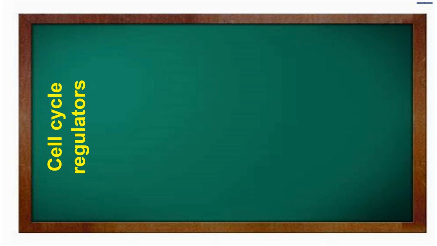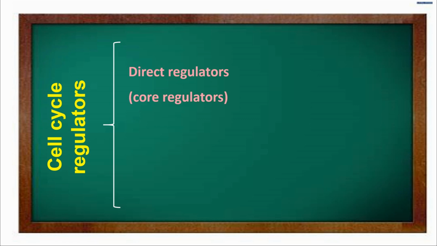Cell cycle regulators. Cell cycle regulators can be divided into two groups: direct regulators or core regulators and indirect regulators.